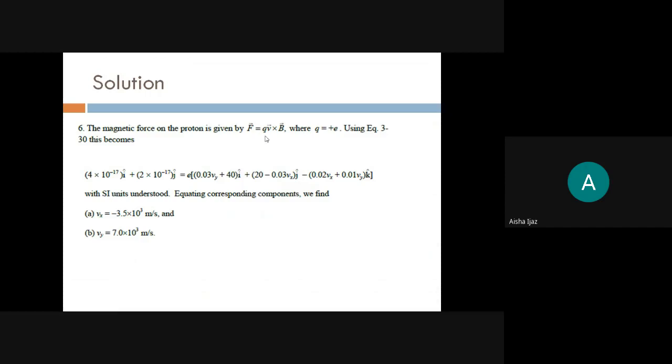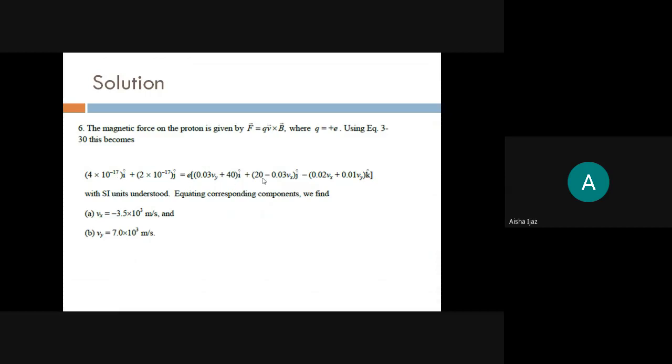The hint is again the same: open the determinant. The F value is in the plane of i and j, and when you open the determinant, you will get this relation. So now compare the coefficients of i. You will have this value, 0.03 Vy plus 40, multiplied by E, which should be equal to 4 times 10 to the power minus 17.